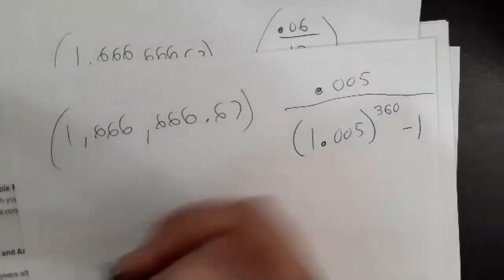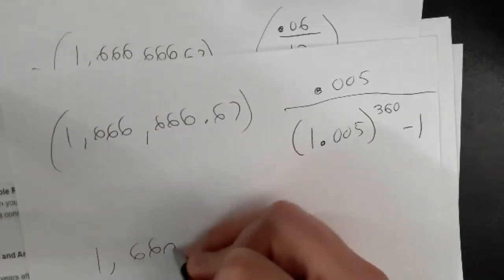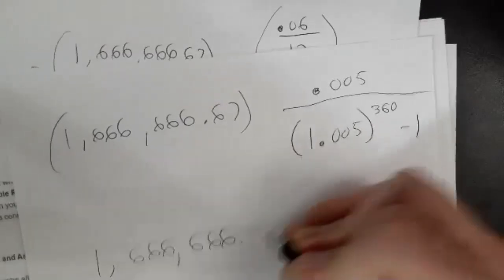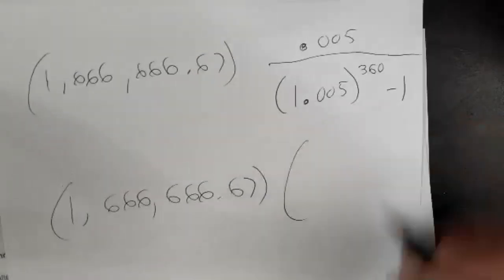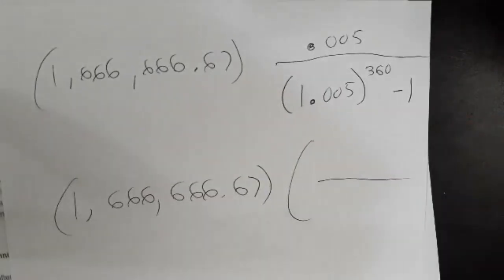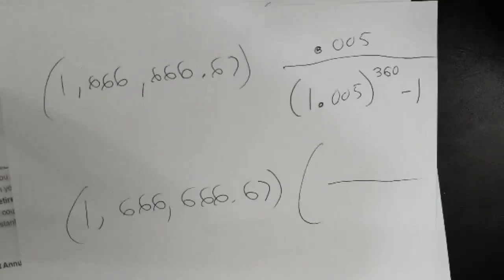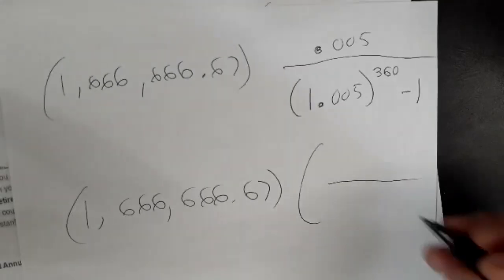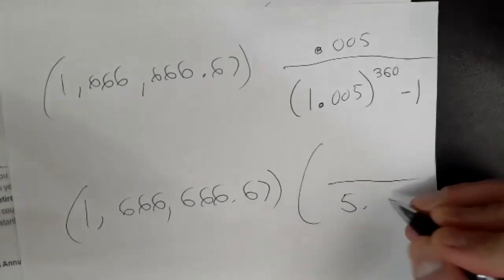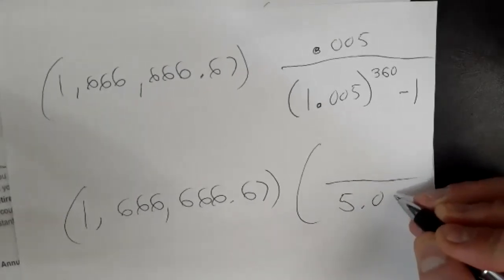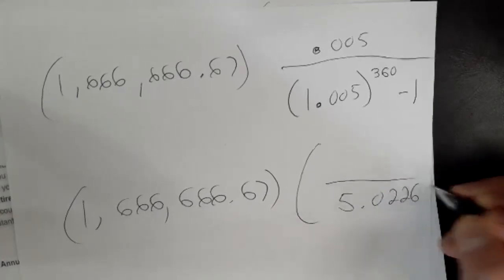Okay, so I'm going to do a few steps, and probably get quicker each time. I have to multiply this crazy number by this fraction. If I raise 1.005 to the 360, that's going to give me 6.0225. And then I subtract 1, and it's going to give me 5.0225.